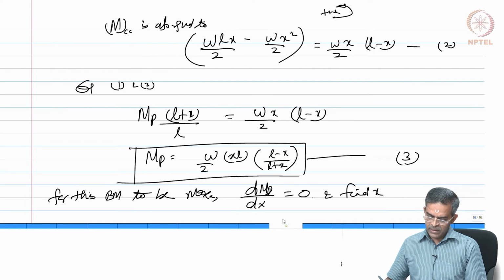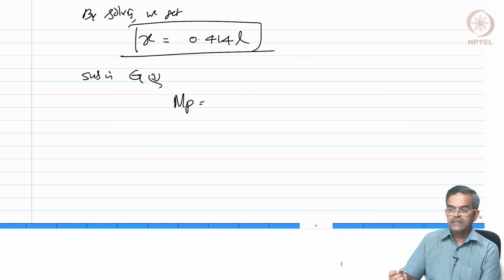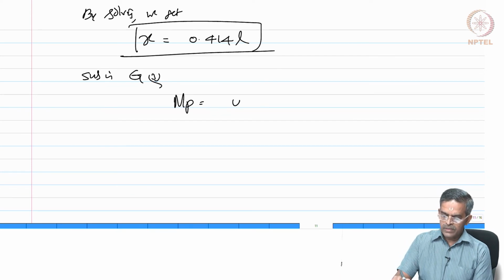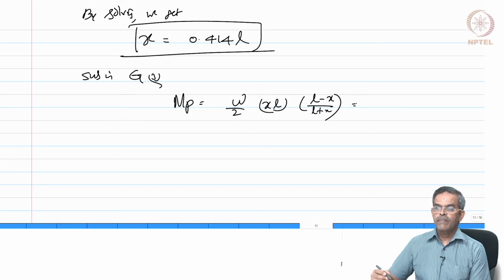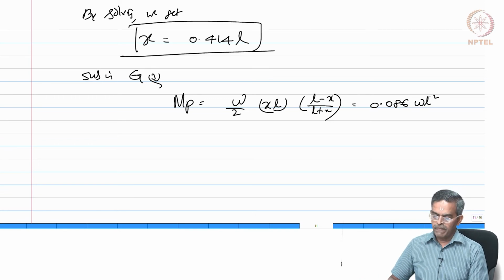Once I know x, let me find MP. So, substitute in equation 3, we get MP as W by 2 into x times (L minus x) by (L plus x), which will become 0.086 WL square. You can try and see.